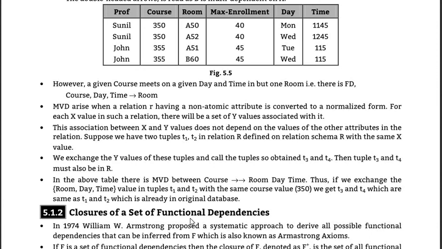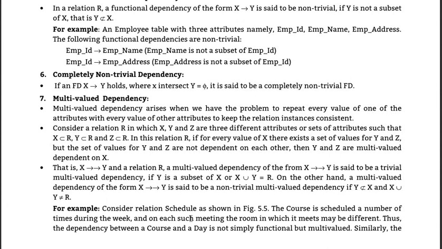This association between x and y values does not depend on the values of the other attributes in the relation. Suppose we have two tuples T1 and T2 in relation R, defined on relation schema R with the same x value. We exchange the y values of these tuples and obtain T3 and T4, that is tuple 3 and tuple 4. Then tuple 3 and tuple 4 must also be in relation R. This is all about multivalued dependency.